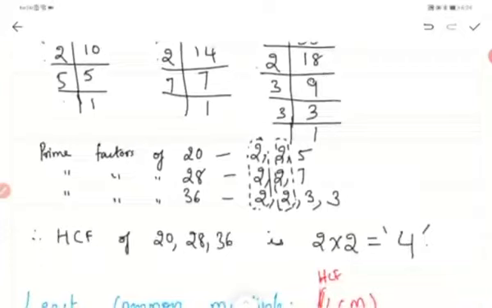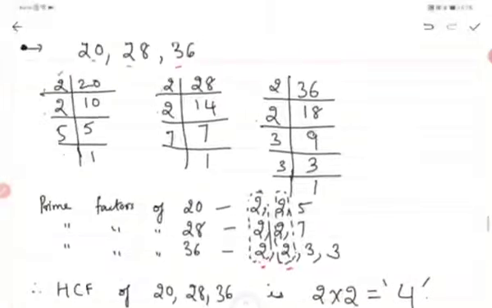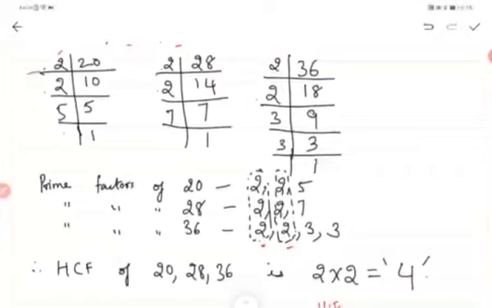Here we have 2 times 2 common, so it will be 2 cross 2, that is 4. All right, so when you go for HCF, you need to find prime factors.